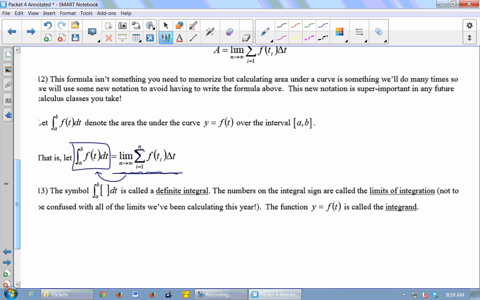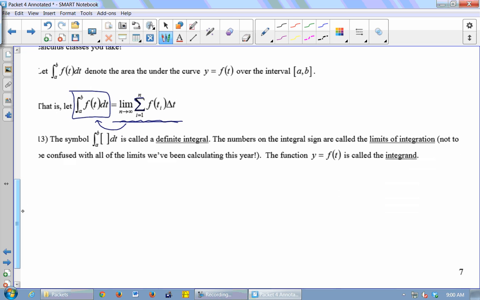And instead of delta t in the limit, that becomes a dt, right? Because as the number of rectangles goes to infinity, that width, delta t, goes to 0, and we call it dt in the limit. Same as when we were first calculating the slope of a tangent line. When you find the slope of a tangent line, we did delta y over delta x to approximate it, and when we took the limit, it changed to dy over dx.